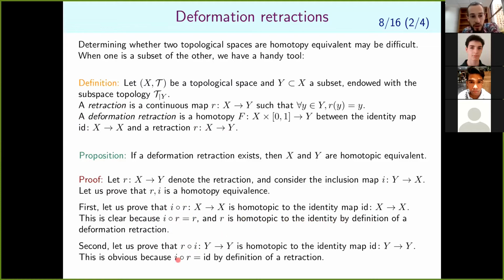But, oh, there is a mistake. Here, I say, let us prove that R I is homotopic to the identity. This is obvious because R I, and not I R, R I is the identity on Y. Let me correct that.